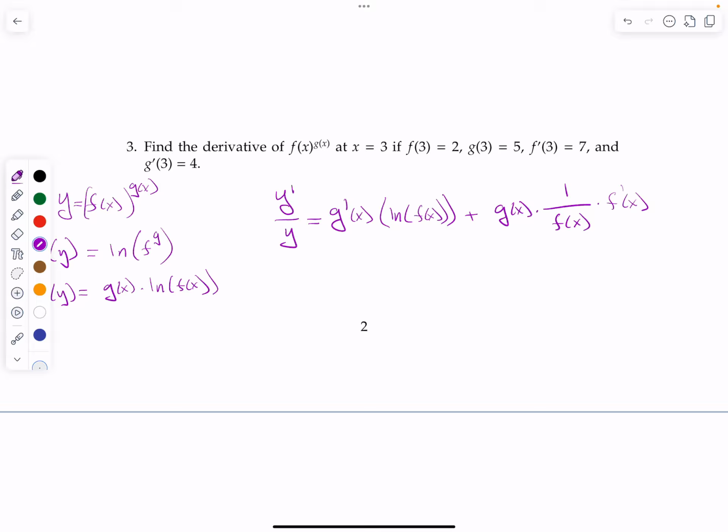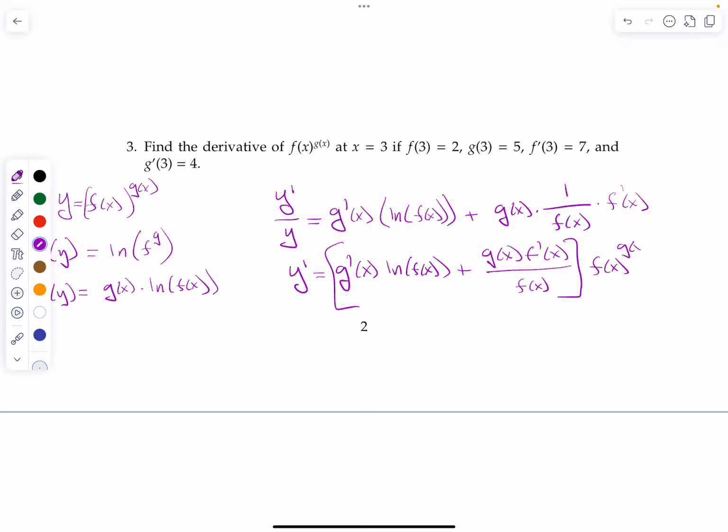Now we can plug in what we know. I guess here, y prime is g prime times ln of f of x plus g of x, f prime of x over f of x, all multiplied by y, which is f to the g. Now we can plug everything in, and I didn't leave myself or you very much room, but I think we can handle this.